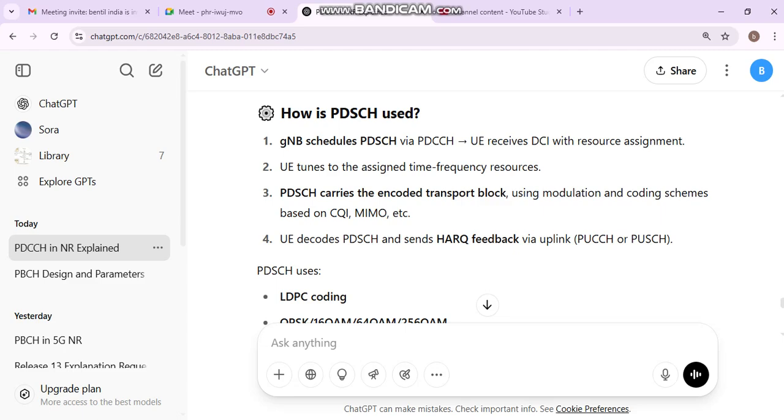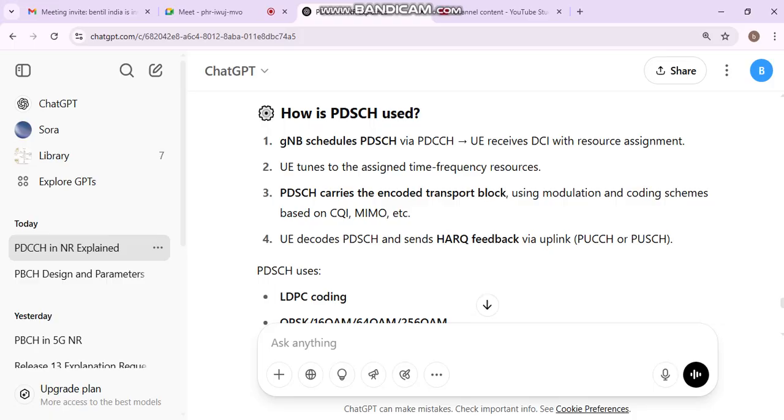The gNodeB schedules PDSCH via PDCCH, based on the information present in PDCCH, that is the DCI information. The UE receives DCI with resource assignment, then tunes to the assigned time and frequency resources.